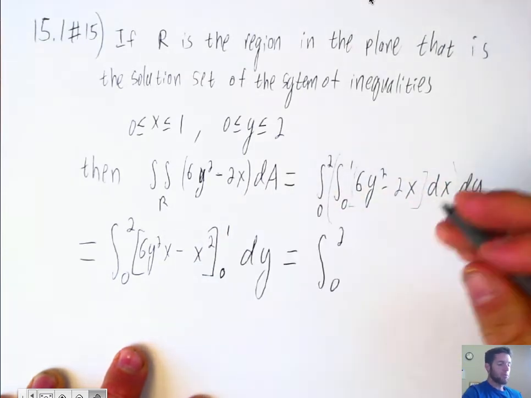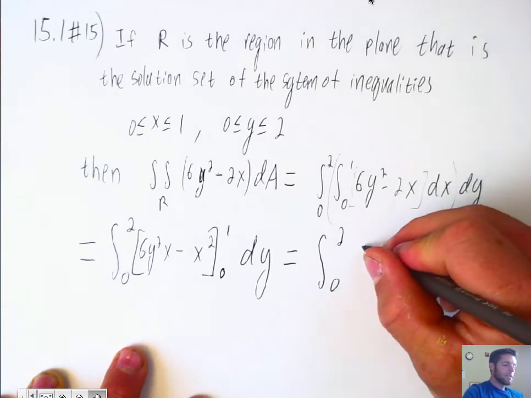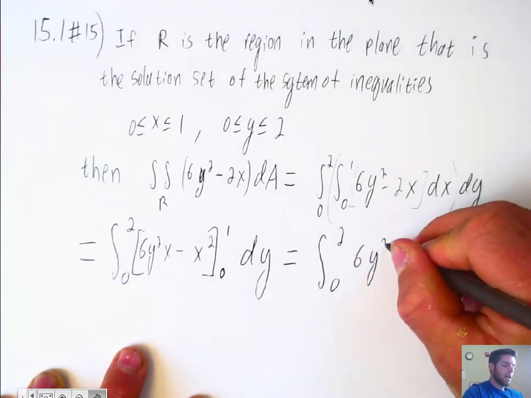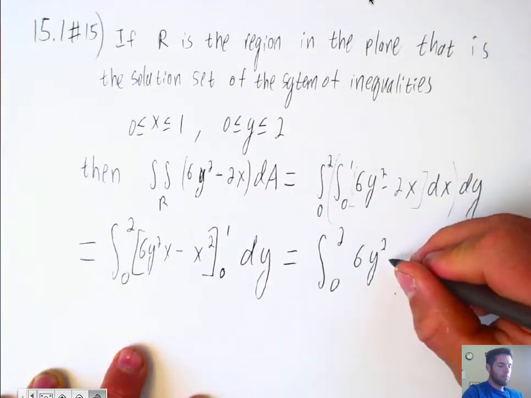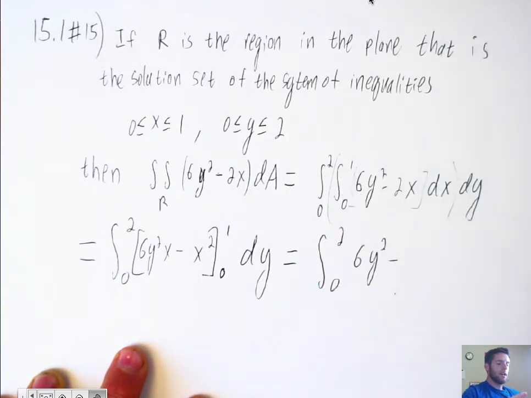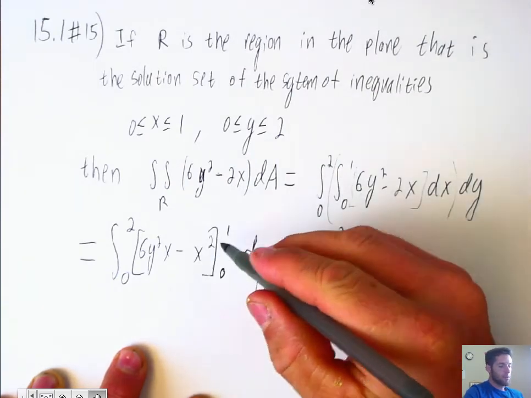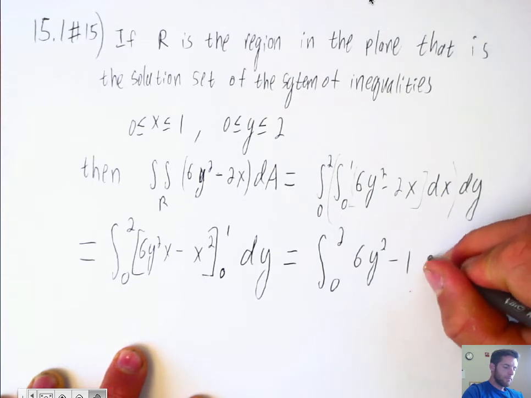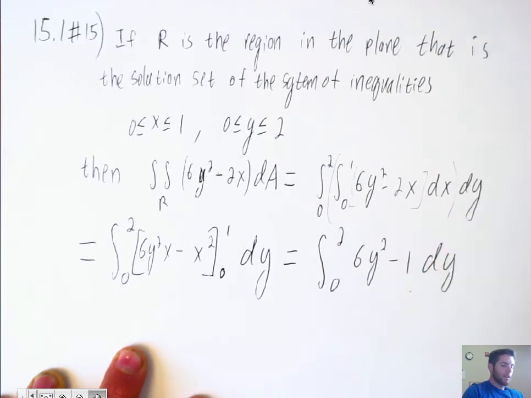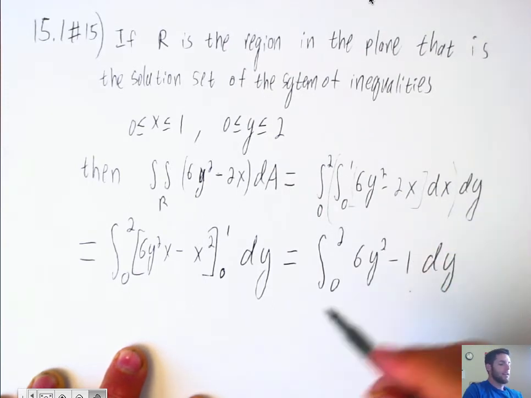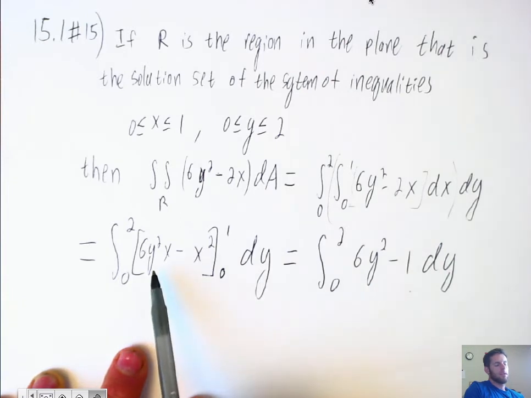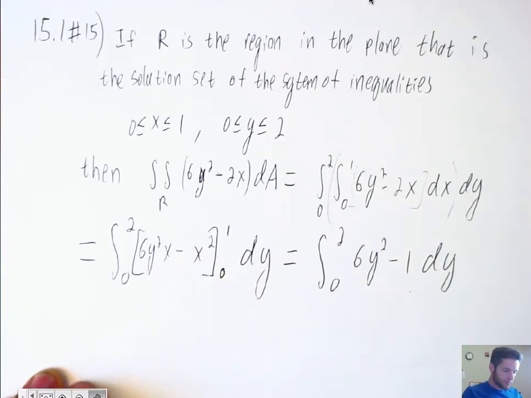So I'm just going to write out what happens when I evaluate at 1. 6y squared times 1 minus, and here I evaluate x squared at 1, so 1. Again, I should subtract the term that I get from substituting 0 into that expression, but that is 0, so I don't write it.